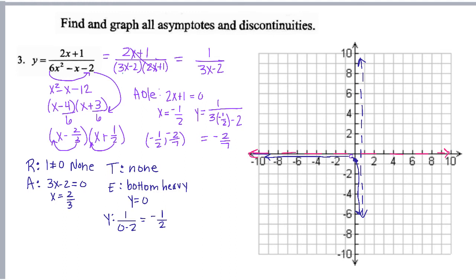Since we don't have an r or a t value, no t value, that means my graph cannot run parallel. So I can't put the other side of my graph here. So by default, I have figured out that the graph must go up here. So that's going to be our rational function.